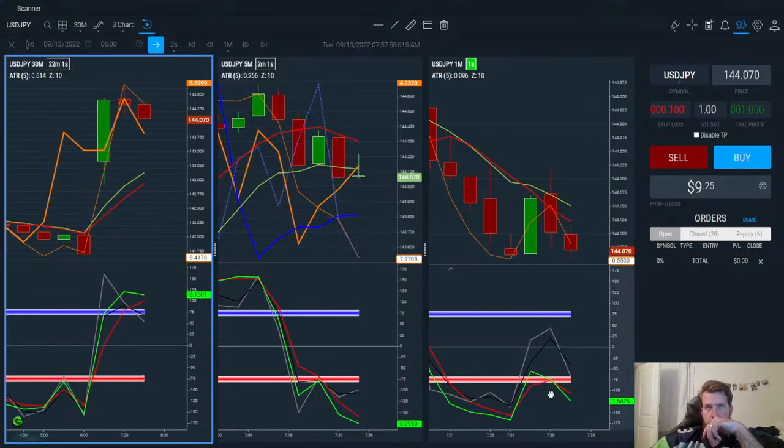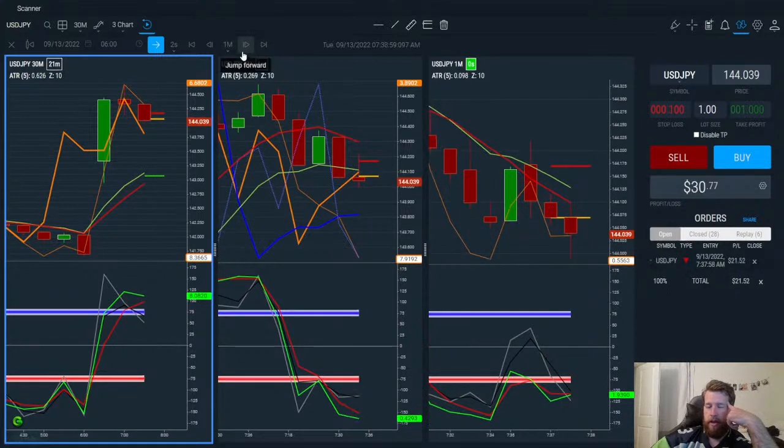Don't feel like taking a trade off of that just quite yet, though. Actually, I do. Kind of bouncing off of this red line is a pretty bullish signal, especially when you have a gray dagger. So looking a little closer, let's go ahead and see if we can get a couple pips.